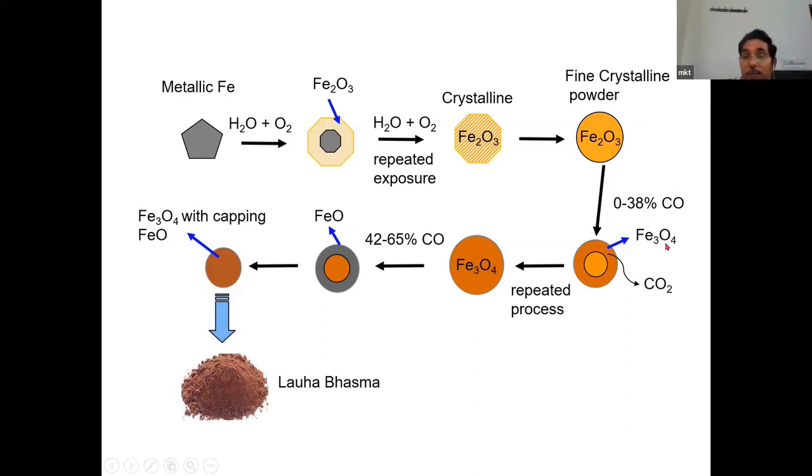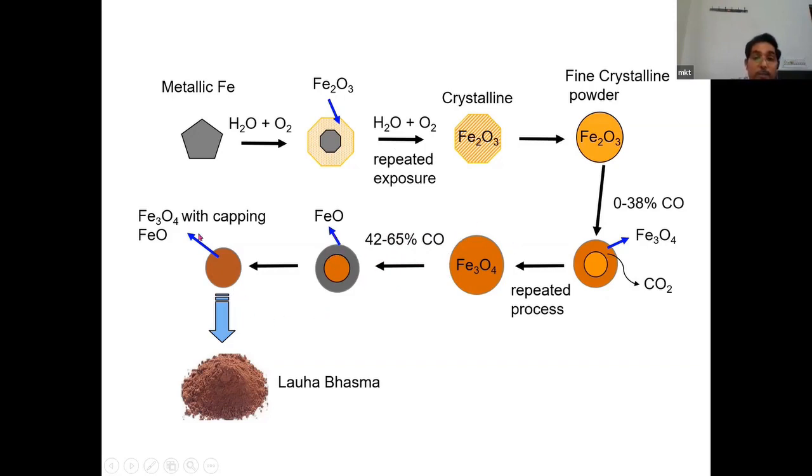Finally, we are obtaining the Fe3O4 particles. Whenever the CO interacts with Fe3O4, the CO2 comes out, and finally Fe2O3 converts into Fe3O4. Again, CO is another reduction step, and it again converts the top layer to FeO.